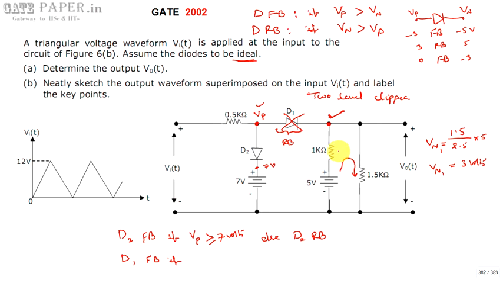So effectively the voltage at this point is 3 volts. D1 will be forward biased if the voltage on the P side is greater than or equal to 3 volts, else D1 is reverse biased.